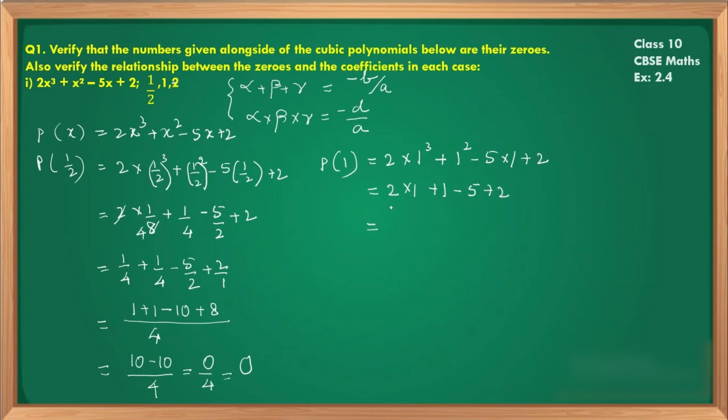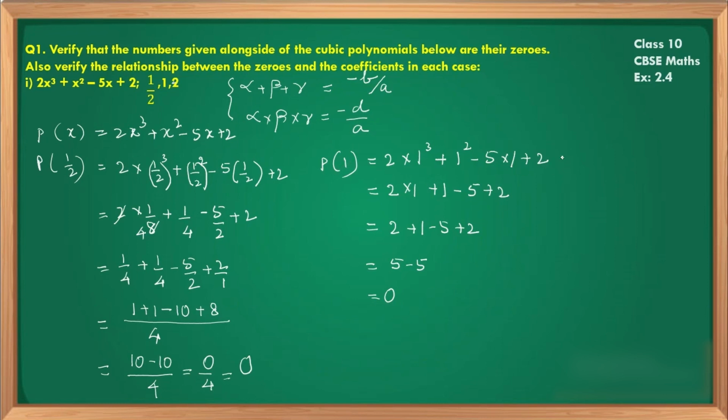Simplify this: 2 plus 1 minus 5 plus 2. 2 plus 1 is 3 plus 2 is 5. 5 minus 5 is naturally 0. Now this polynomial is equal to 0. Therefore, 1 is also a zero of this polynomial.